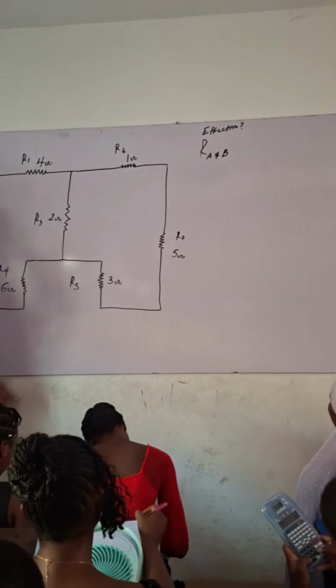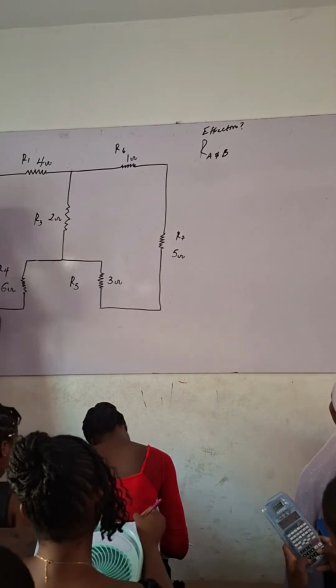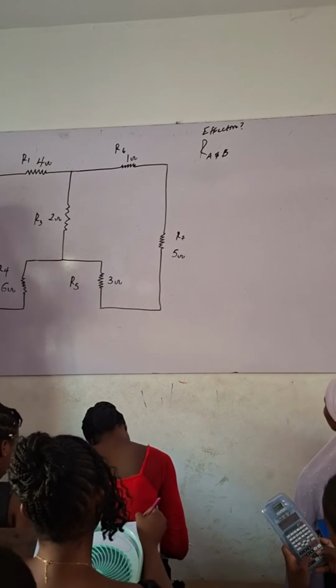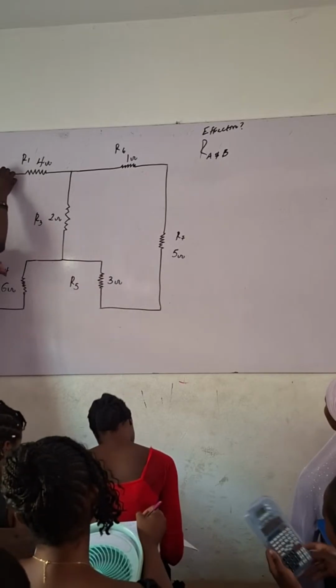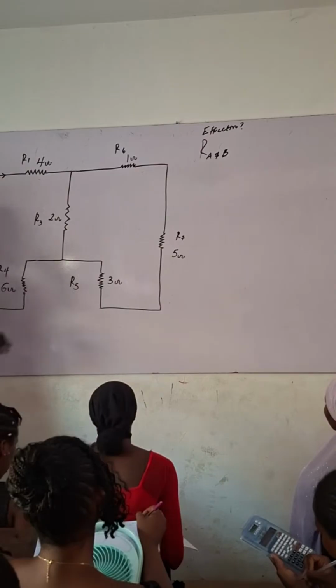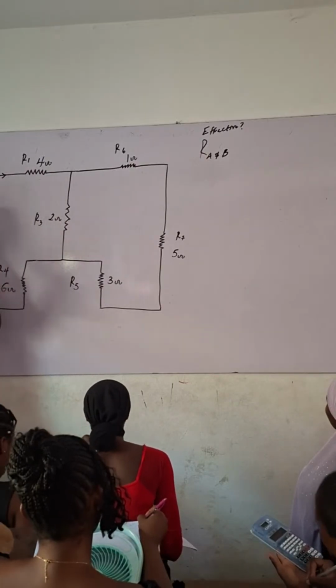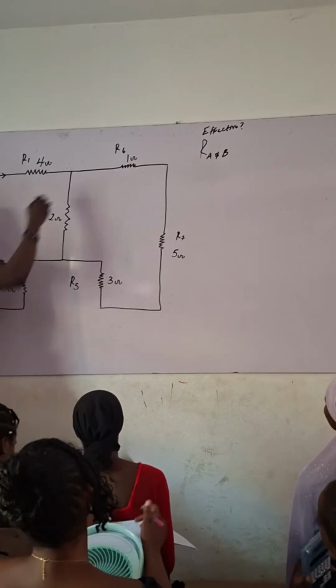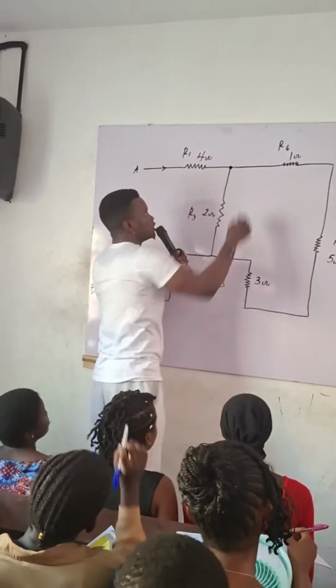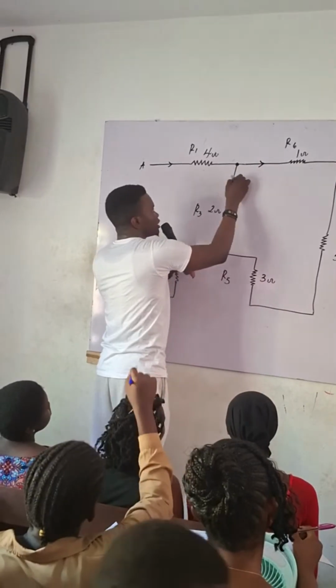So let's start from A. You start coming from A, you are going to B. As the current is flowing, how will you know the ones in parallel? The moment you get here, the current will be divided. So there will be a current flowing through here, a current flowing through here.